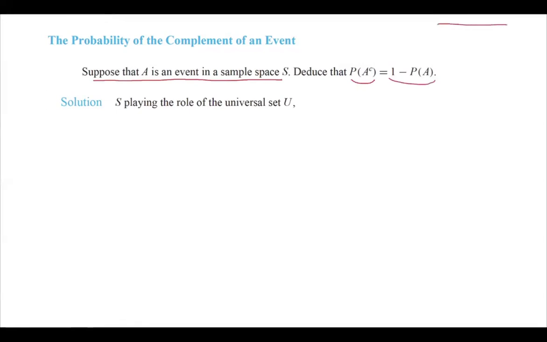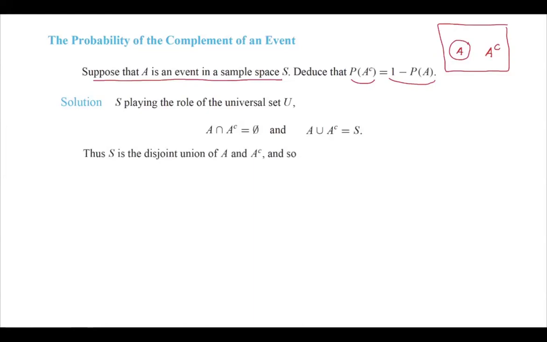Basically, if I have a universal set, A is right here, and its complement is everything that is not in A. You want to show that since these two sets are disjoint, the probability of the complement is equal to 1 minus the probability of A. We know that the intersection between these two sets is empty. They have nothing in common. And if you take their union, the union is equal to the sample space.